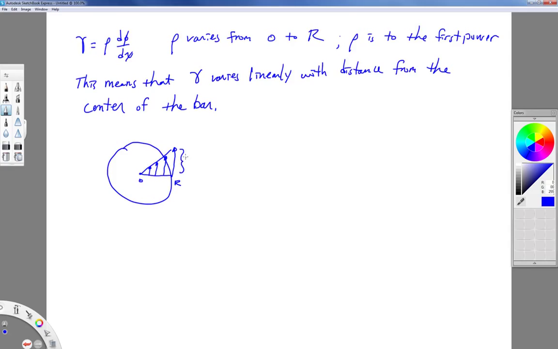Well, that tells me then, just by looking at this picture, that the maximum shearing strain is on the outside edge of my bar. I have 0 shearing strain at the center of the bar, and then I have this linear variation in between.